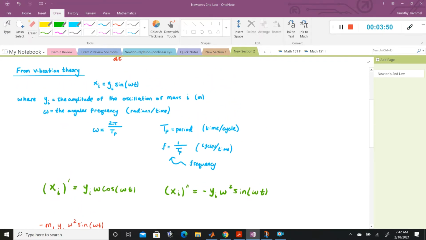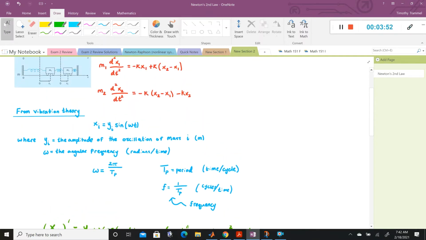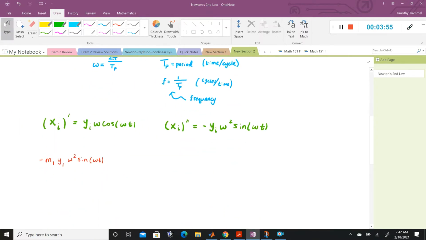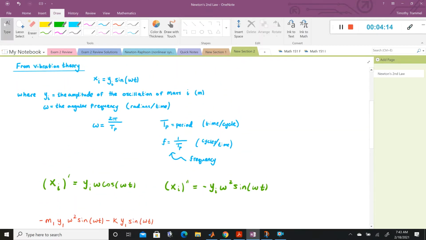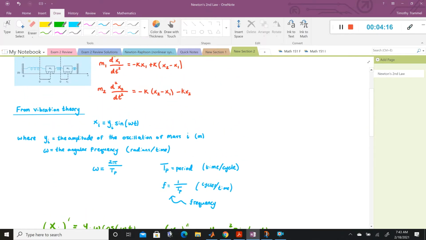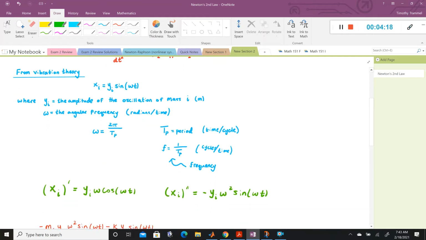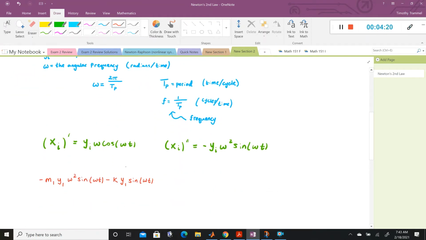And then next we'll do minus k x1. So minus k times x1, and x1 was equal to y1 sine of omega t. And then we'll go back up here, and then we should have plus k and then x2 minus x1.